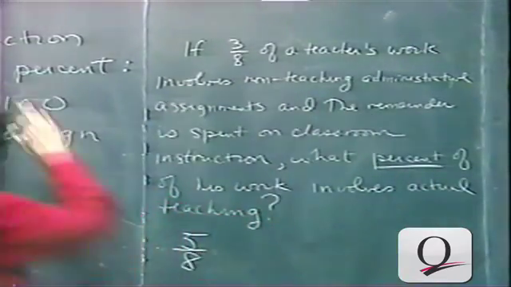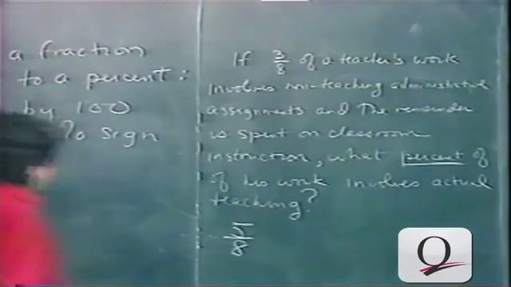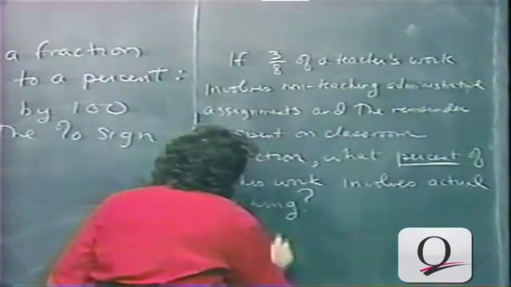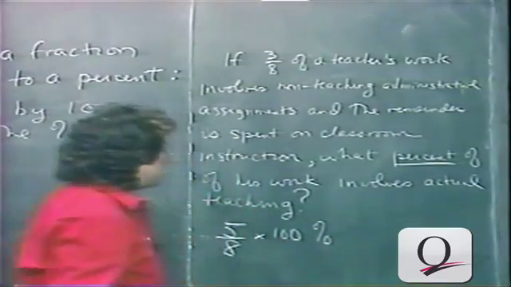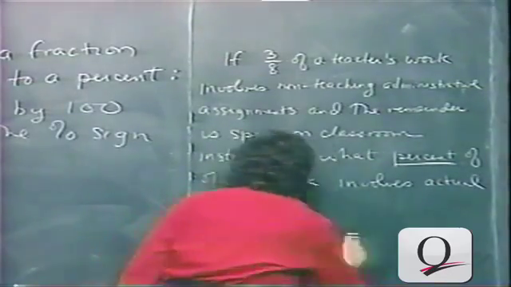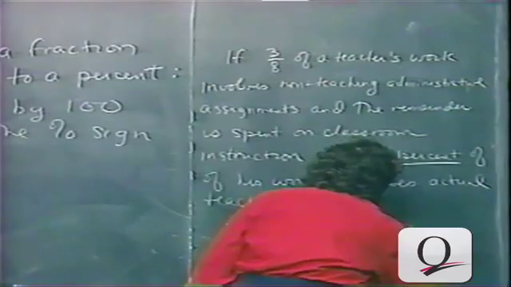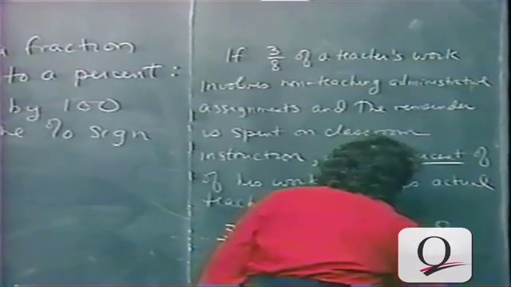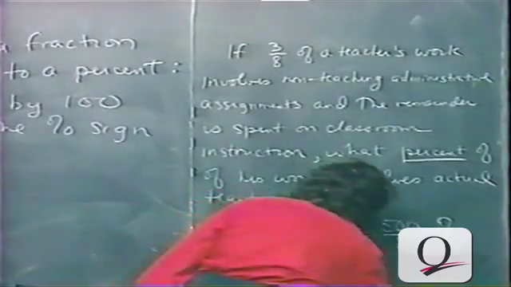We want to change a fraction to a percent, so we multiply by 100 and add the percent sign. This is equivalent to 500 divided by 8%.